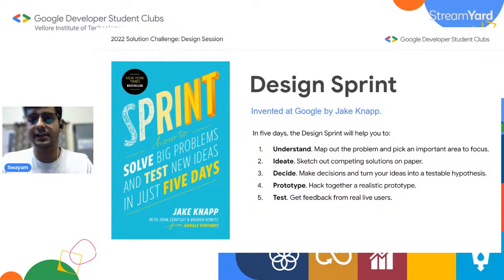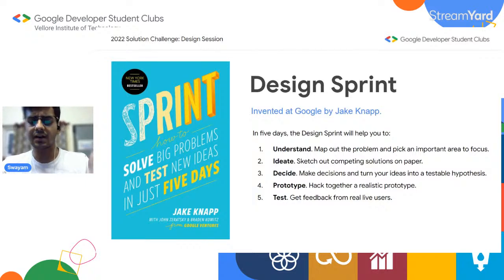So what basically is a design sprint? There's this wonderful book called Sprint: How to Solve Big Problems and Test New Ideas in Just 5 Days by Jake Knapp, which was invented at Google, and it's a Google Ventures book. It is all about solving new problems and validating your solutions.